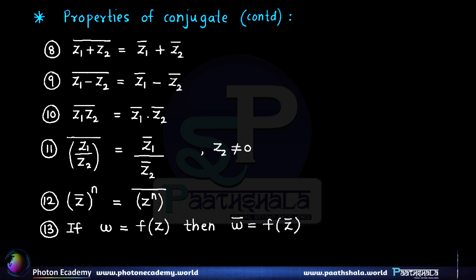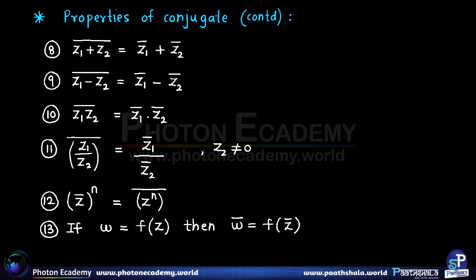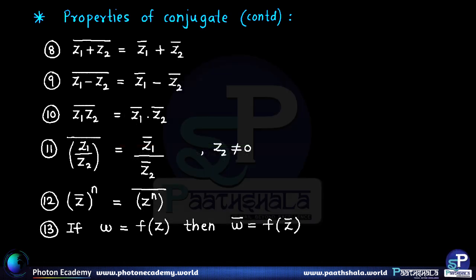In the 10th, the conjugate of the product z1 z2 is equal to the product of the two conjugates, that is z1 bar z2 bar. And in the 11th, the conjugate of the division of z1 and z2 is equal to the division of the two conjugates, that is z1 bar upon z2 bar, assuming that the denominator z2 is not 0.